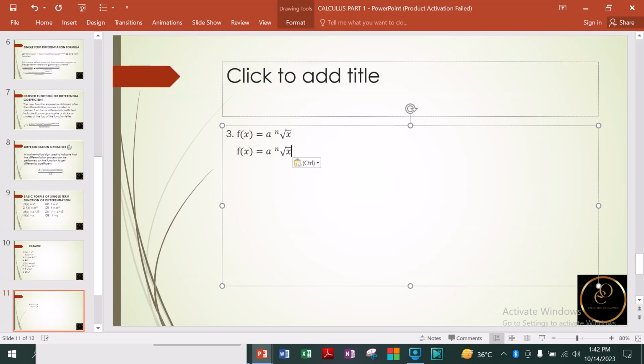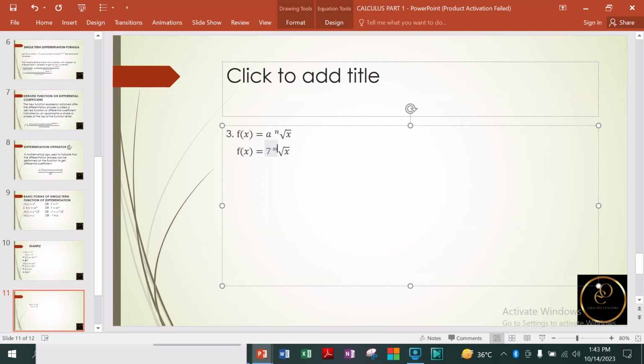Okay, let's say we have here a figure of, say, 7.